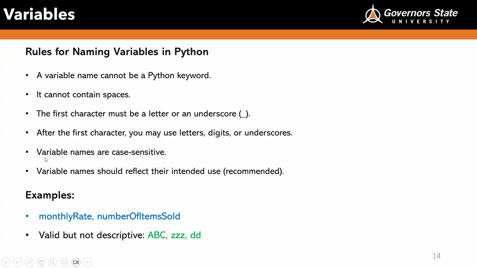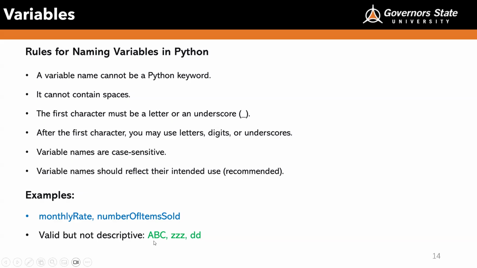And variable names are case sensitive, so the capital letter and the non-capital letter do matter. Also, the variable name should reflect its intended use, right? For example, you can name a variable monthly rate or number of items sold.